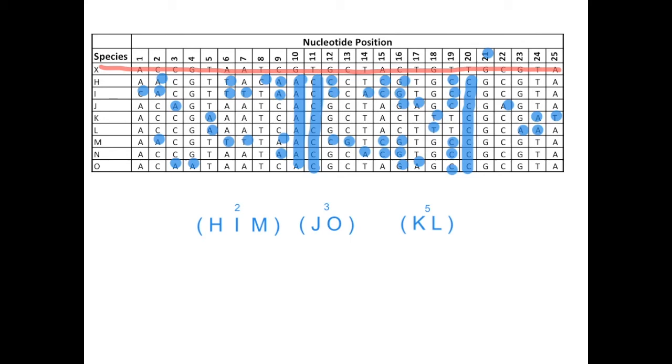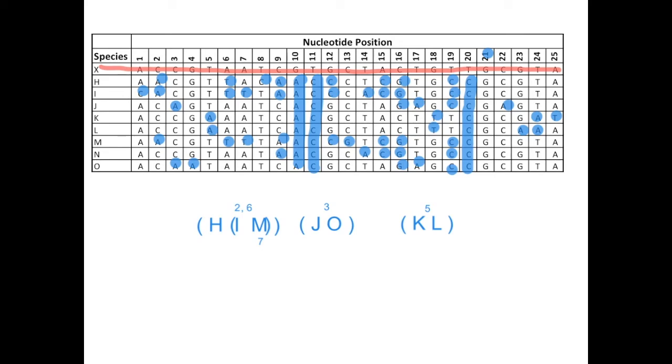Trait 6, we have H, I, and M again. So just like number 2. So we'll add trait number 6 to that. Okay, in 7, we have I and M. So it looks like we have a subgroup inside of our HIM group that we've already made.